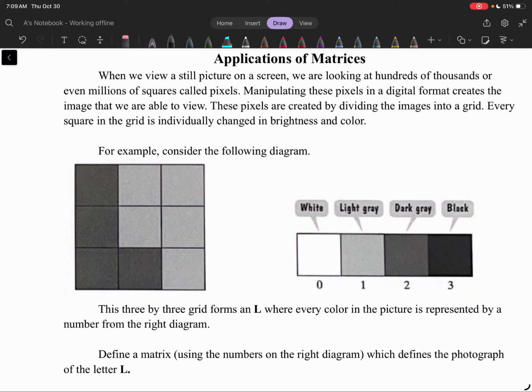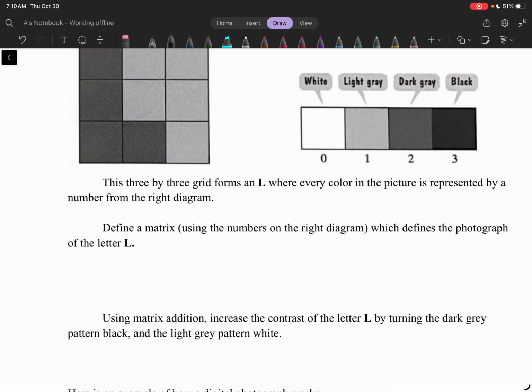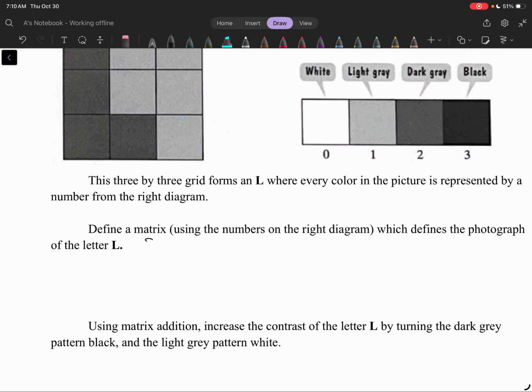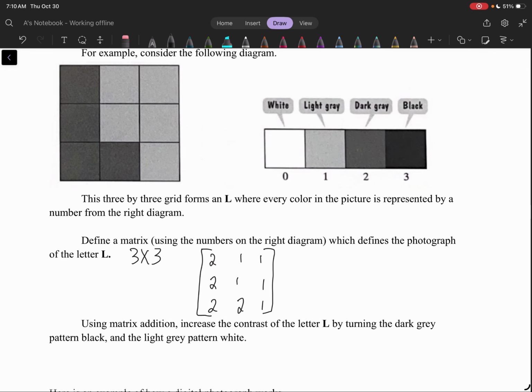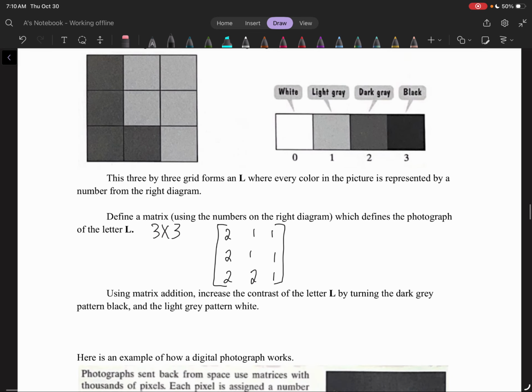If I was to define this grid, it is a 3x3 matrix. The L portion is dark gray, so 2, 2, 2, and 2. The rest of the squares are light gray, so they're all ones. This matrix is what creates the L in the picture.